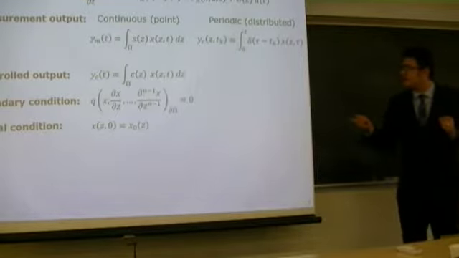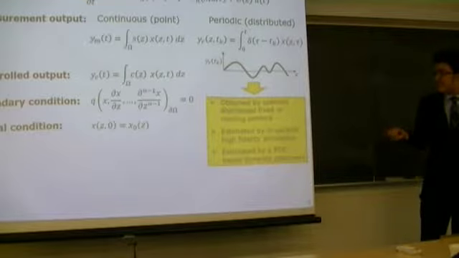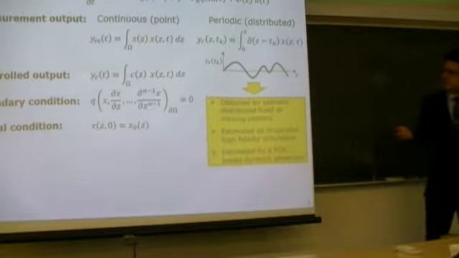Such measurements could be obtained by spatially distributed fixed or moving sensors, could be estimated by a parallel high fidelity simulation if we do not have enough sensors to capture the spatial variation, and could also be estimated by a PDE based dynamic observer.